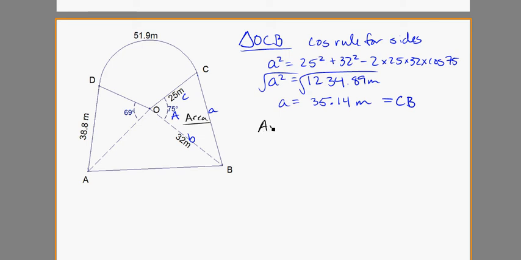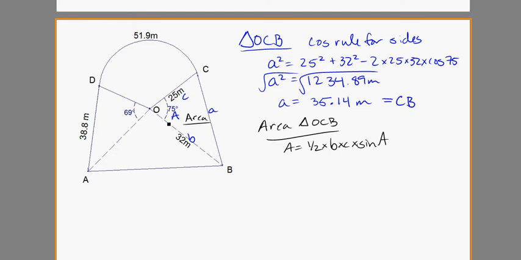So let's find the area of triangle OCB. This would be using the area formula, where we have 1/2 times B times C times sin of A. Labeling again, we can keep the labels the same.